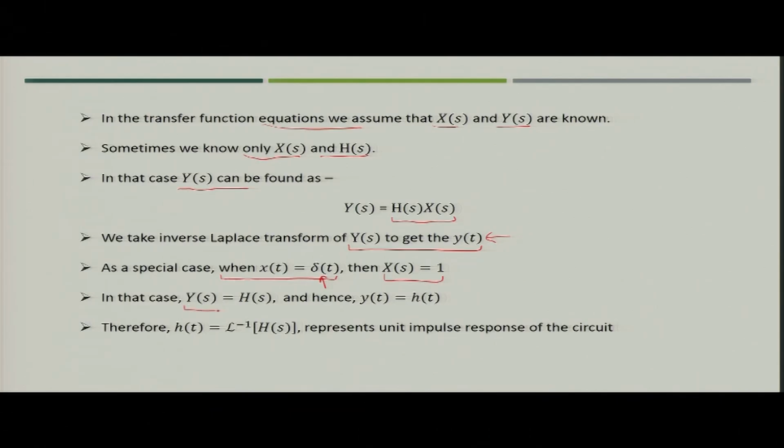In that case, you will say Y(s) is equal to H(s), and therefore, the inverse Laplace transform on both sides will give you y(t) is equal to h(t). So, h(t) is nothing but the inverse Laplace of the transfer function. So, this represents the unit impulse response of the circuit. So, when it is excited by a unit impulse function, the transfer function will give you the unit impulse response of the circuit.